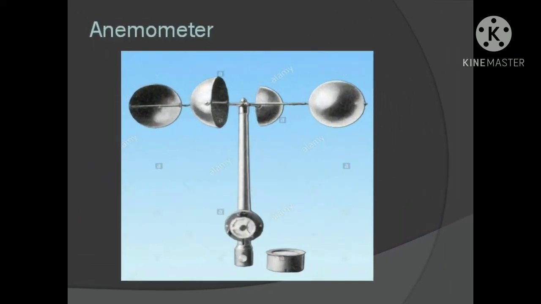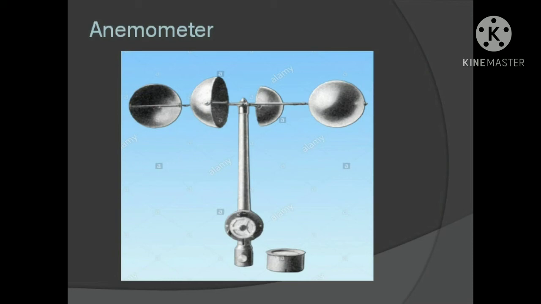This is an anemometer. This device is used to measure the wind speed. It consists of 3 or 4 cups, as you can see in the diagram, mounted on a rod that can rotate freely on its axis. The greater the speed of wind, the faster the cups rotate on the rod.